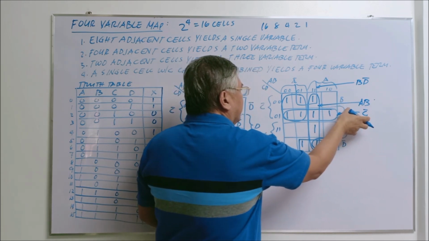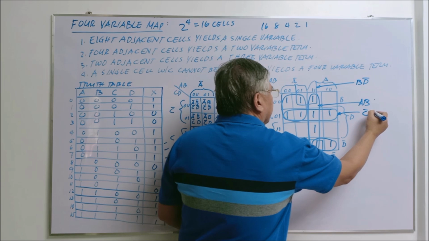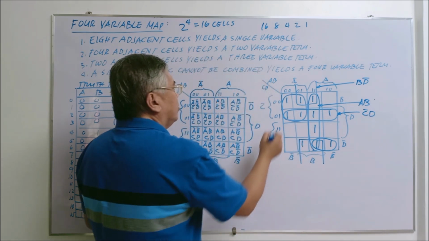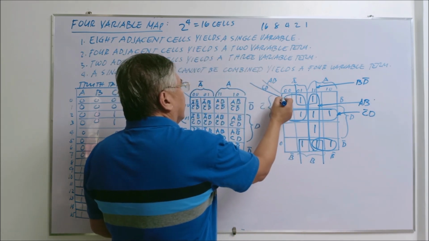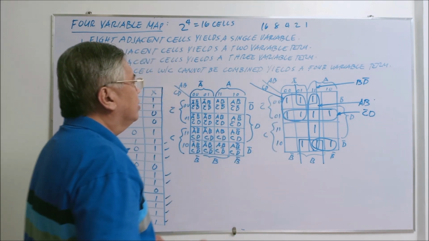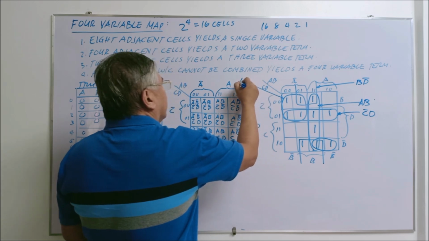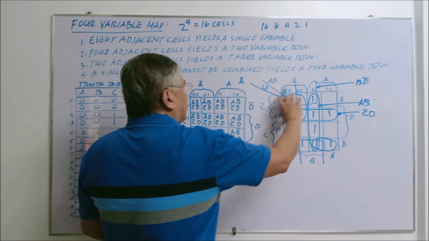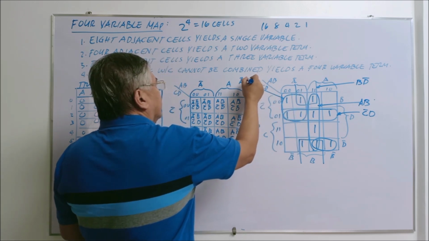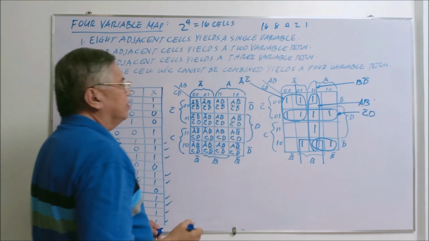At the same time belongs to D. Okay, how about this one? The square. This belongs to A bar. And at the same time belongs to C bar.